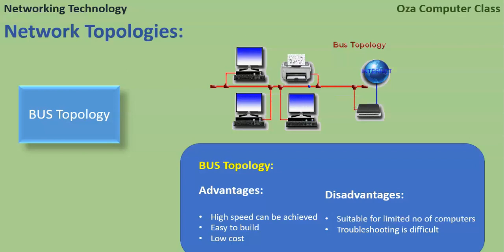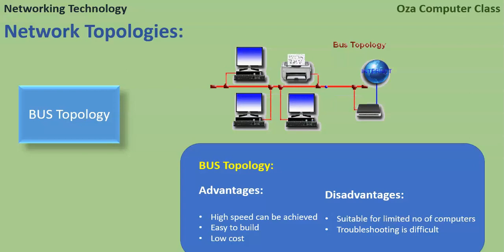This is important. You can't keep it on endlessly, right? So you need something which will terminate the job. So here, if the data sent by this computer, the destination computer is not found on the network, then it will be terminated or grounded, you can say. So this grounding is important at both ends in bus topology. Unless this grounding is done, you will face lots of problems of collision and signal bouncing. We'll see later.